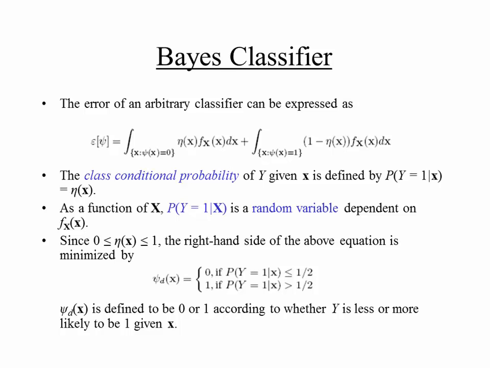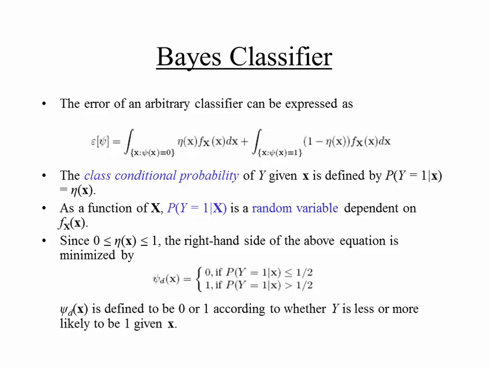That means, for a value of x that is captured by this integral, if psi of x, the classifier, spits out a class label 0 for that corresponding x, then this is the probability of misclassification, because this is the probability that y equal to 1 conditioned on x. Agree?